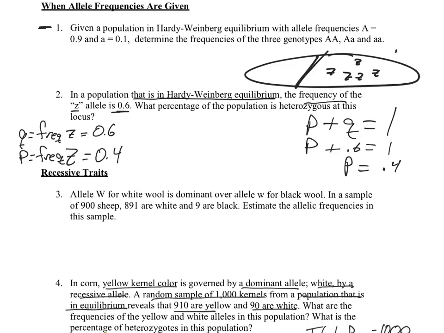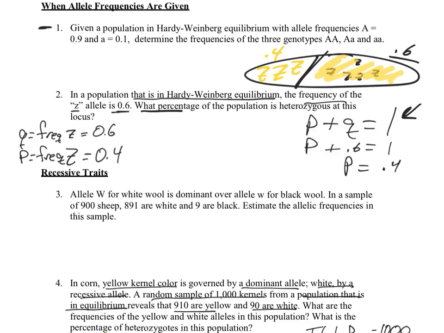The rest of it, right? What's the total? 100%. So if 60% is little z, then 40% must be big Z. That has to equal 100, right? So let's remember that moving forward. That's why this equation is true. So p equals 0.4.